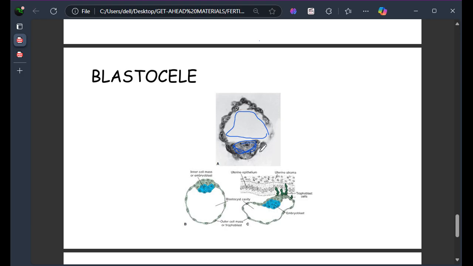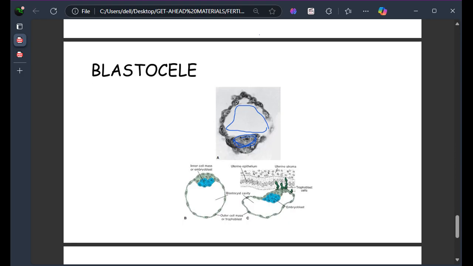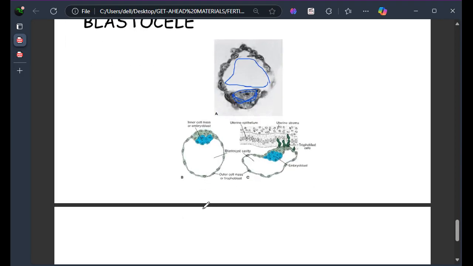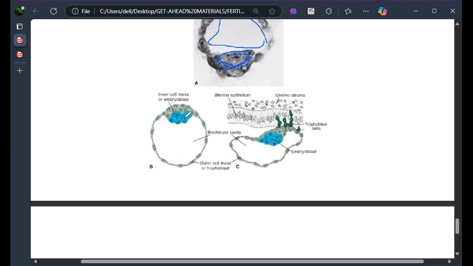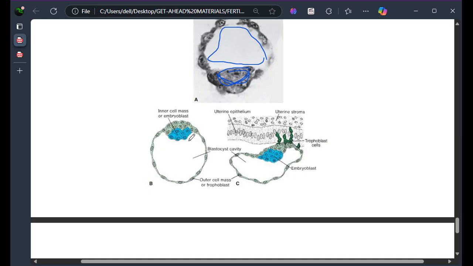Once we have that arrangement, by the time it's reaching this particular structure, it will be reaching the uterus. So implantation has to start happening there. This is more like a different pictorial diagram to show you what I'm saying. So you have the inner cell mass and the outer cell mass.